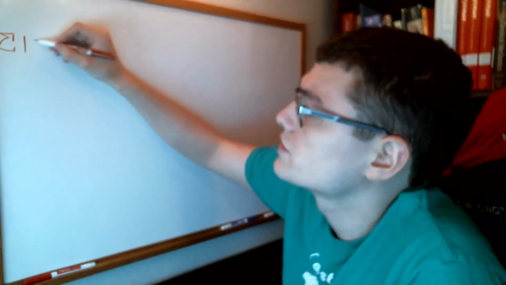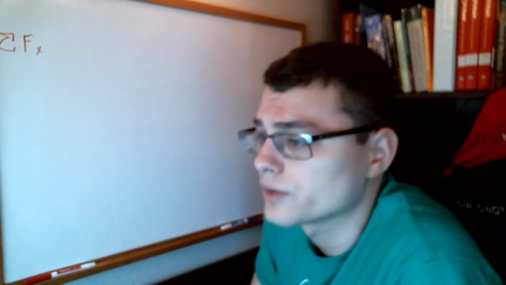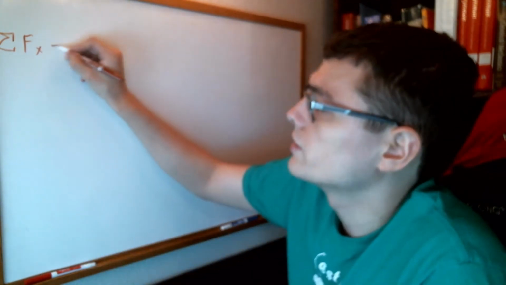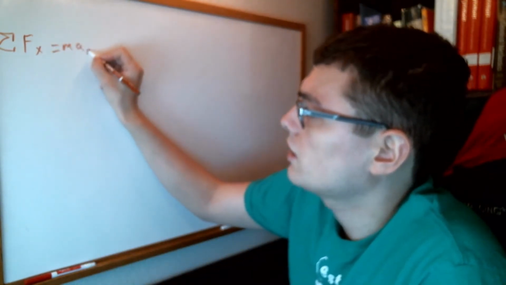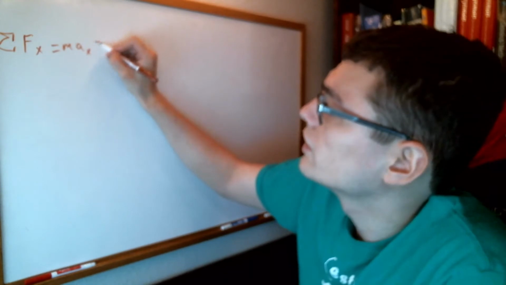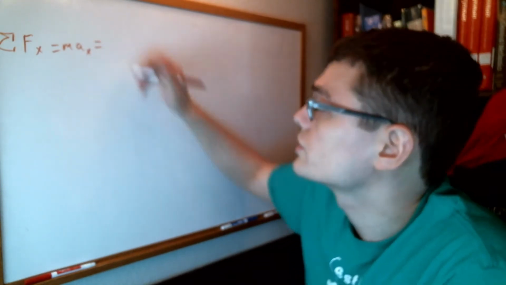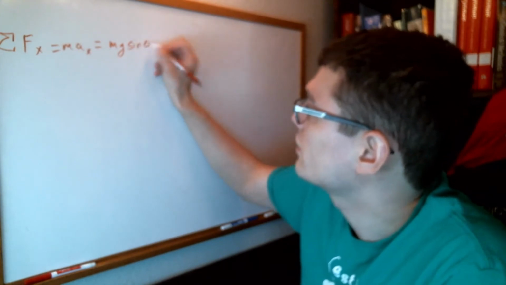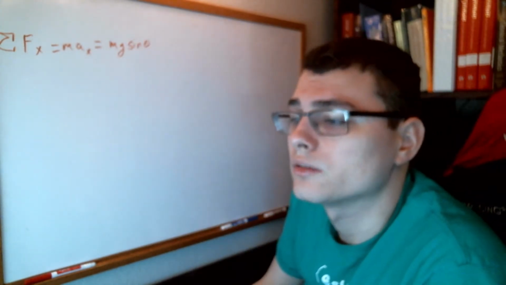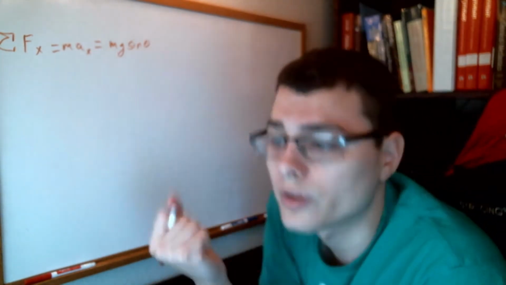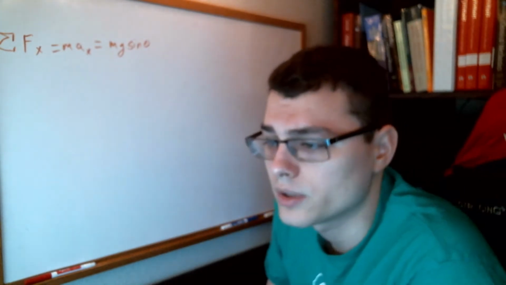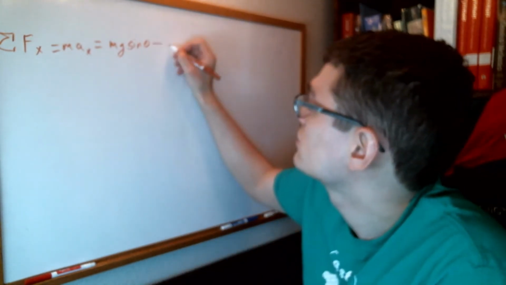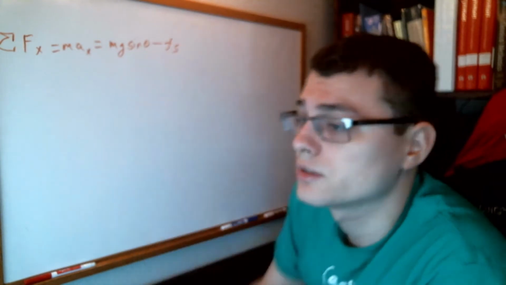that the sum of forces in a single direction, or x, are going to be equal to m a_x. And so then here we can just start summing our forces. We're going to get mg sine theta from just the weight pulling the object down the ramp, minus f_s.